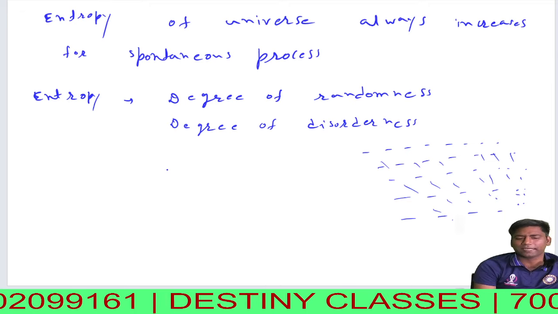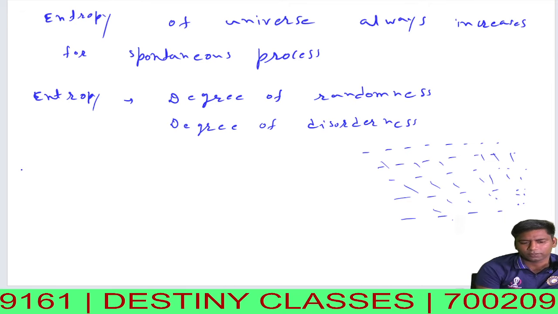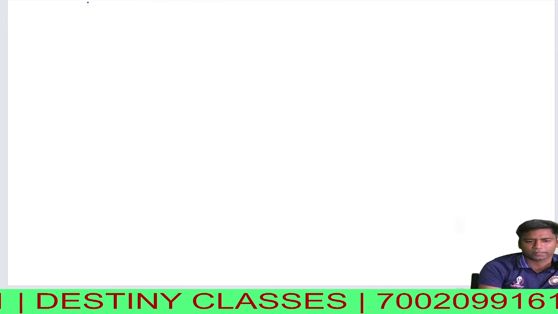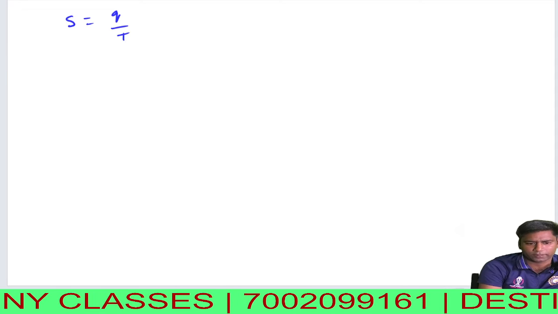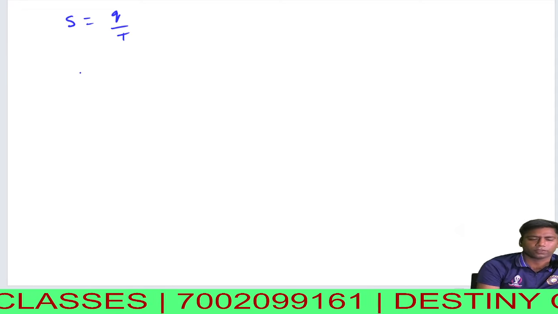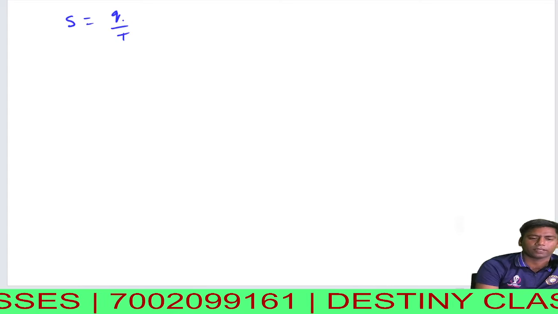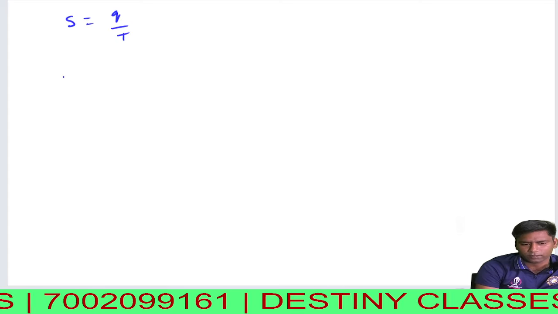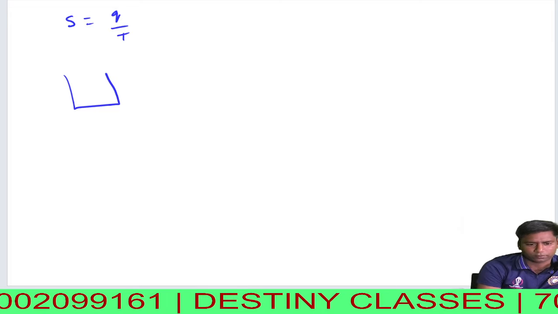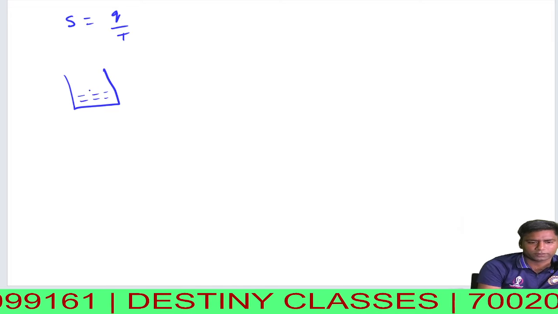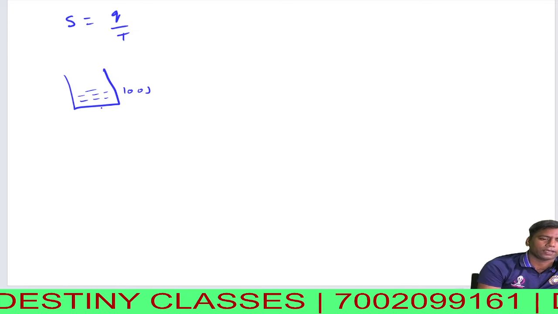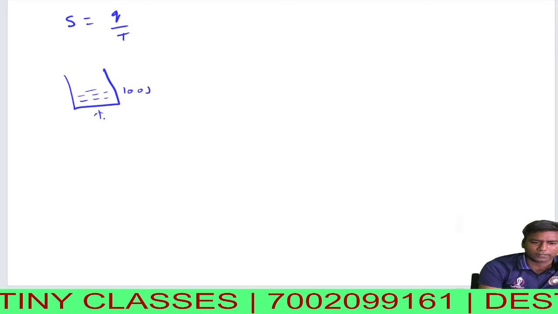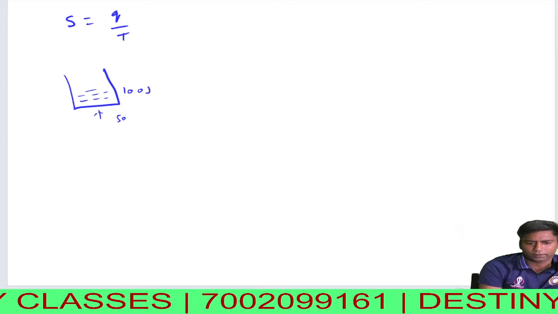But we will understand it in a practical way. Okay, student? So the practical way to understand is S is equal to Q upon T. So for entropy, we divide heat by temperature. Now suppose we have water with 100 joule of energy, and the temperature is 50 Kelvin.